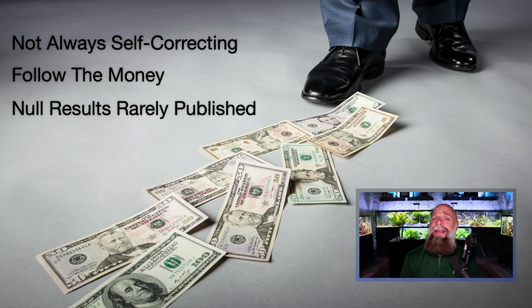And so there's a tremendous amount of pressure that goes into publishing results, especially for professors who are trying to get tenure. If they're tenure track, there's a lot of pressure there. And so again, when it comes to the sciences, you need to follow the money. Do not just blindly follow the science, and do not just say, oh, the science is settled, or all scientists believe this certain thing.